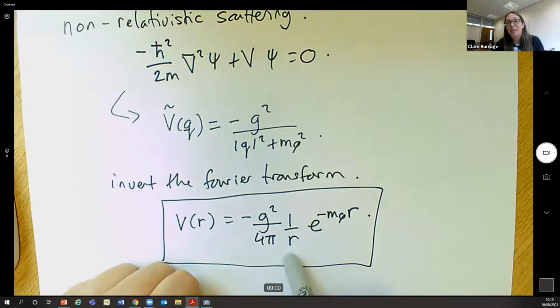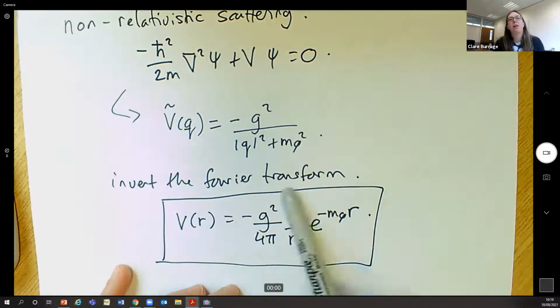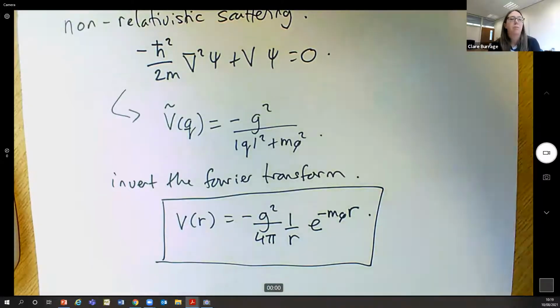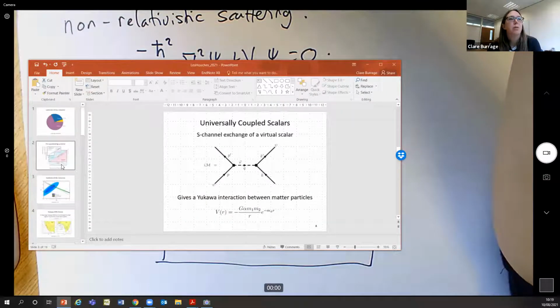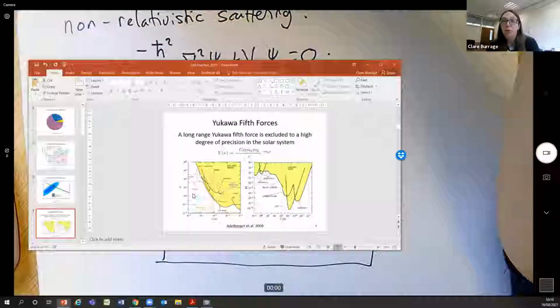We've got 1/r dependence and a coupling constant squared, and so it's going to mimic the effects of gravity on those scales in those experiments. Right. Okay. So this is a Yukawa potential, and this is what we talked about last time. Actually, maybe let's just bring that slide back up, where we talked about all of these very good experimental constraints.